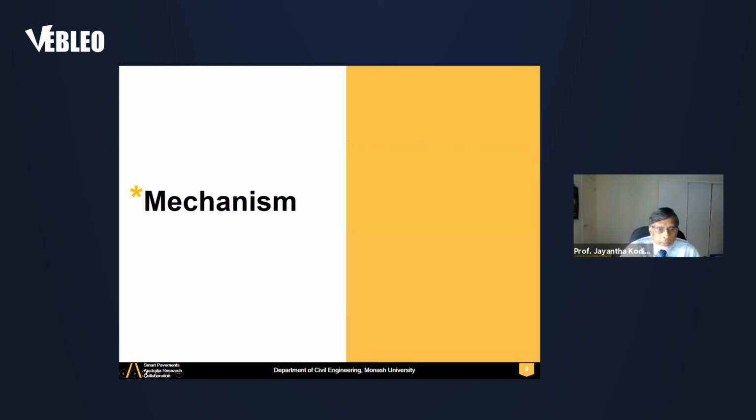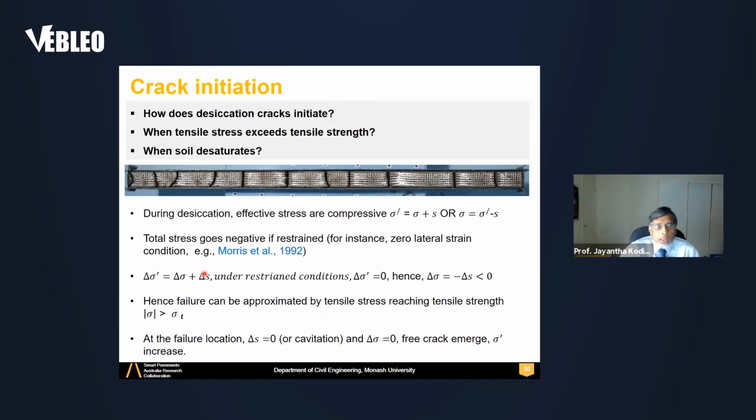So what's the mechanism for fracture formation? How do desiccation cracks initiate? Is it when tensile stress exceeds the tensile strength that fractures initiate in desiccation? We mentioned that there is no strain if full restraint is applied; you won't observe any strain when the cracks happen.